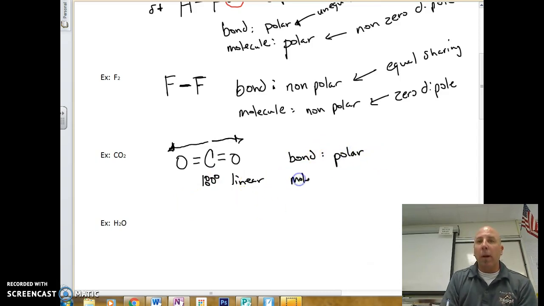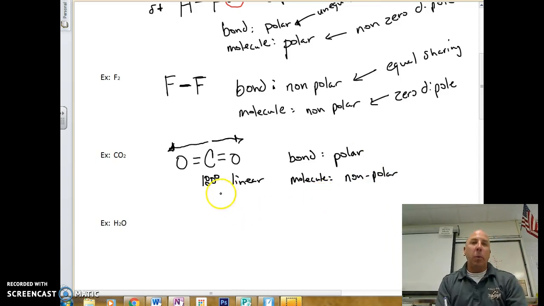But the overall molecule is going to be nonpolar. The reasoning is you have equal and opposite pulls, and in physics, when we have equal and opposite pulls, they cancel each other out. Think of it in terms of a tug of war where two people are equally pulling on a rope, and the rope never moves. That's what's really happening here. We have an equal and opposite pull, which cancels itself out.